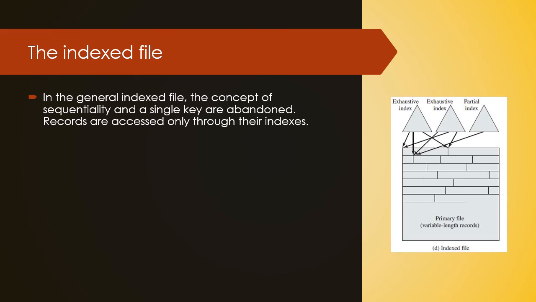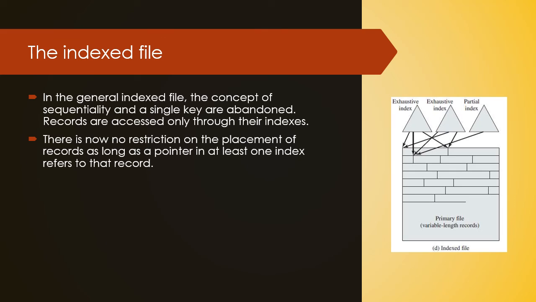In the general indexed file, the concept of sequentiality and a single key are abandoned. Records are accessed only through their indexes. There is now no restriction on the placement of records as long as a pointer in at least one index refers to that record.